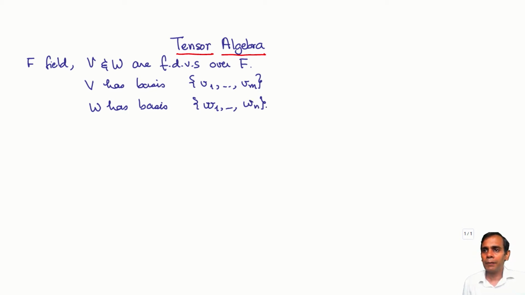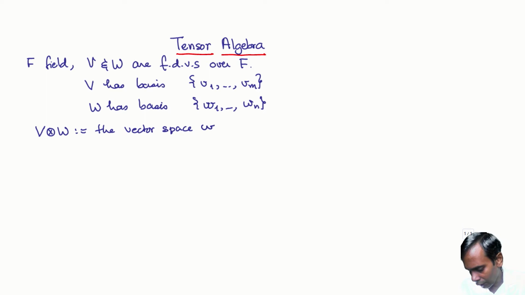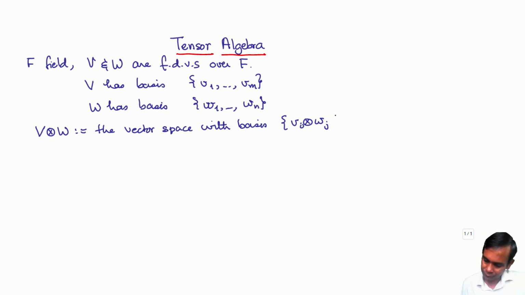Then the tensor product of V and W can be defined to be the F vector space with basis, and I'll just write down some symbols, vi tensor wj, where i goes from 1 to m and j goes from 1 to n.